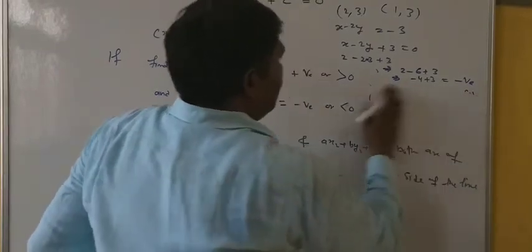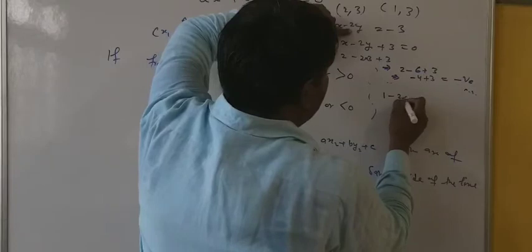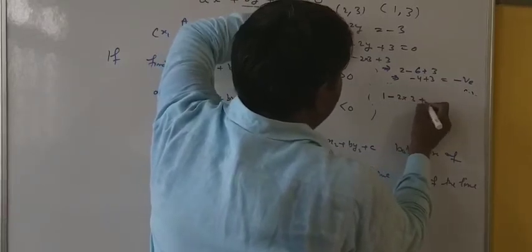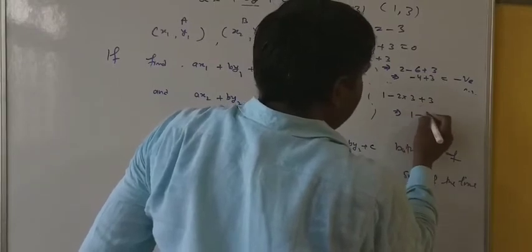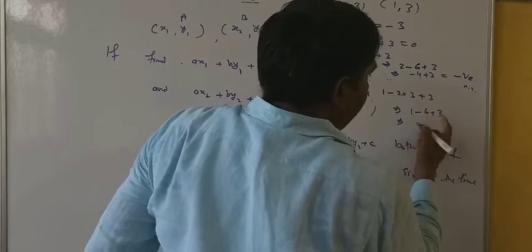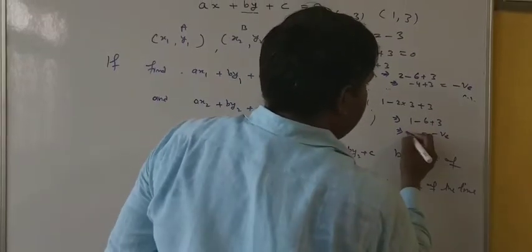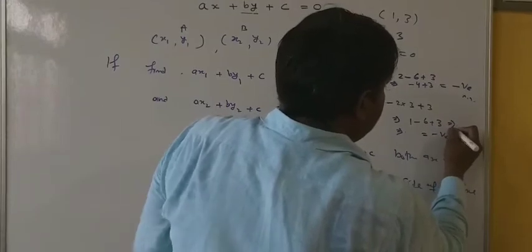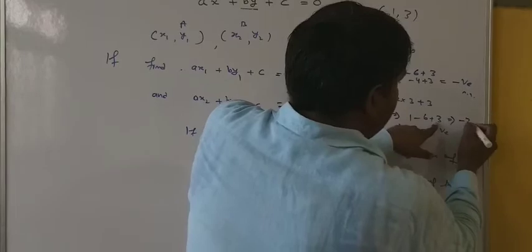And now for the second, see, 1, 3. So 1 minus 2 into 3 and plus 3. What are you getting? 1 minus 6 plus 3, which means minus 5 plus 3, minus 2.